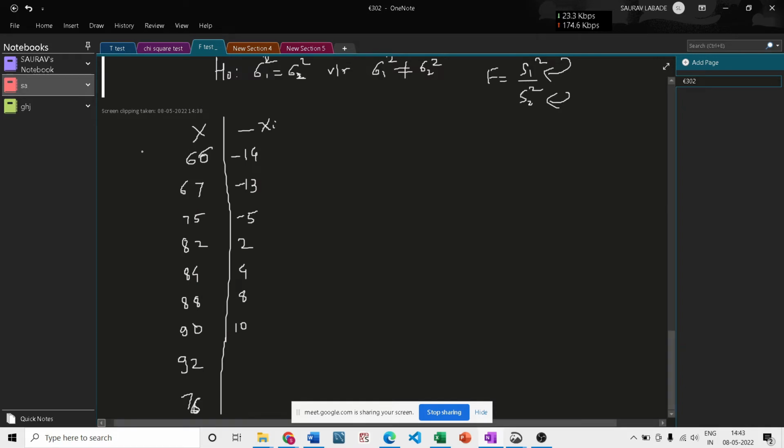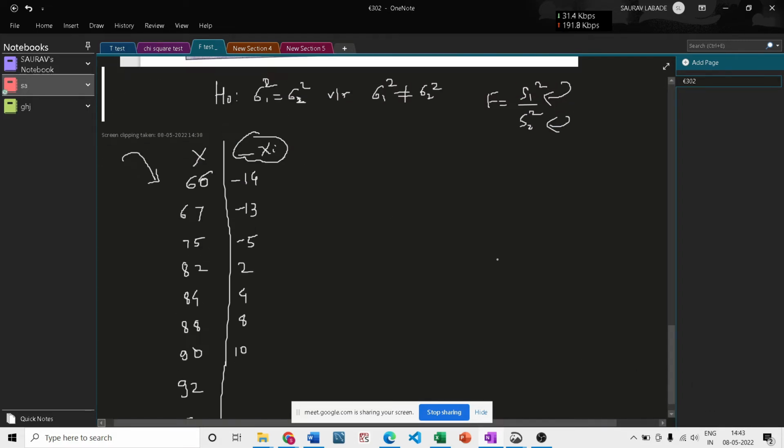I am just subtracting this value, right? All the values of x I am subtracting from 80. Understand? It is not minus xi, I am just considering these values for making the calculation simple. There is no other thing.